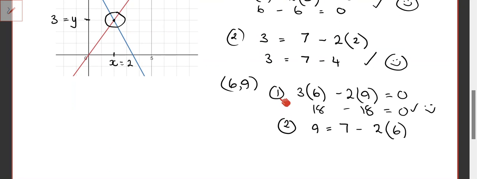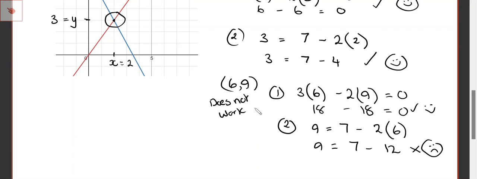Are we going to be so happy with that one? No. 9 equals 7 minus 12. That's wrong. So that one doesn't work. So 6, 9 does not work in both.